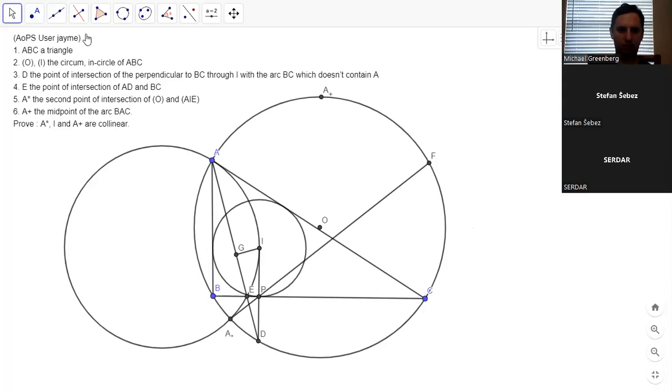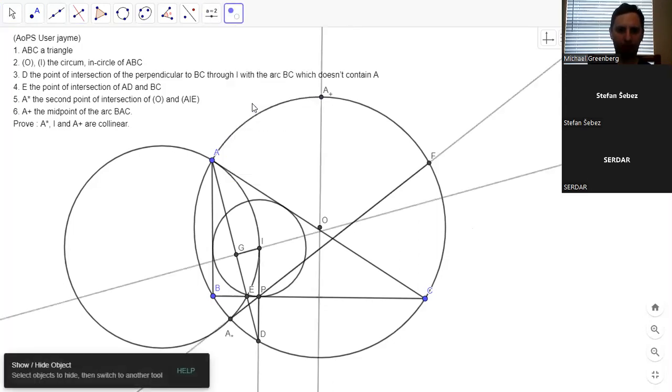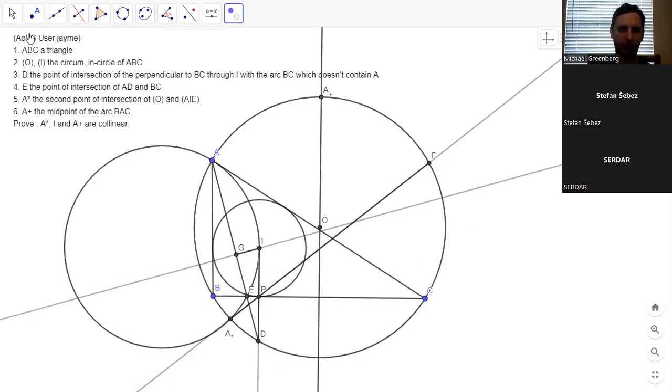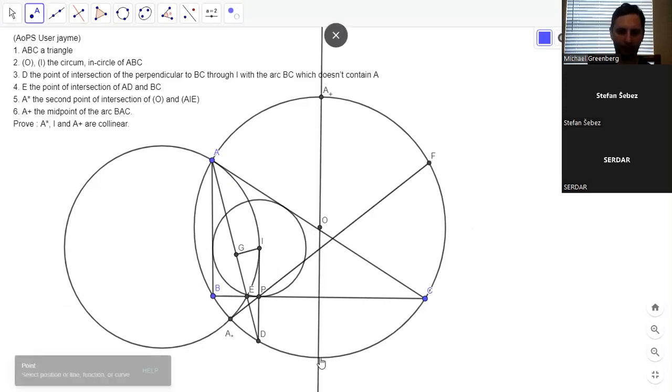Can you name the midpoint of arc BC? The smaller arc BC, yeah. I think I might have drawn it before, and then I got rid of it. Okay.